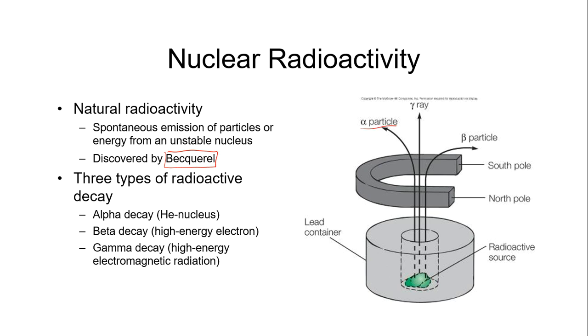When the alpha particle turned one direction, that would tell us that an alpha particle is positively charged. But the beta particle, which turned the other direction, is opposite, so negatively charged. And the gamma ray, since it passes straight, undeflected, indicates that it is neutrally charged. We'll talk a little bit more about what each of these three things is in just a couple slides.